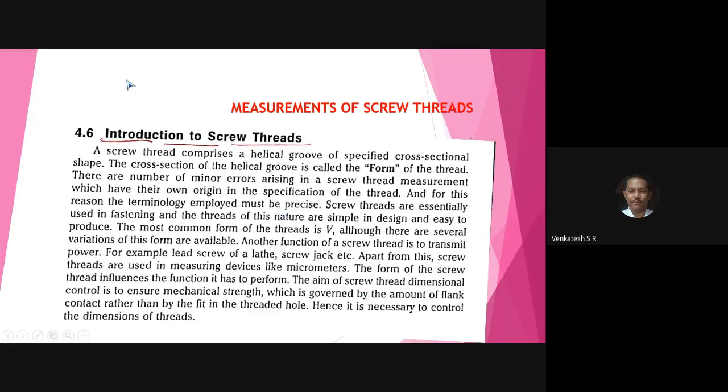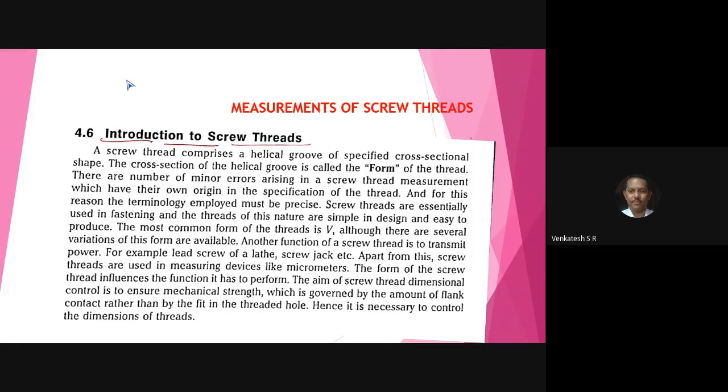Next, the difference between left hand thread and right hand thread. For right hand thread, if you turn the nut clockwise, the nut advances on the bolt. If you turn the nut clockwise and it retraces the path in the opposite direction, it is called left hand thread. So different types of threads are available.